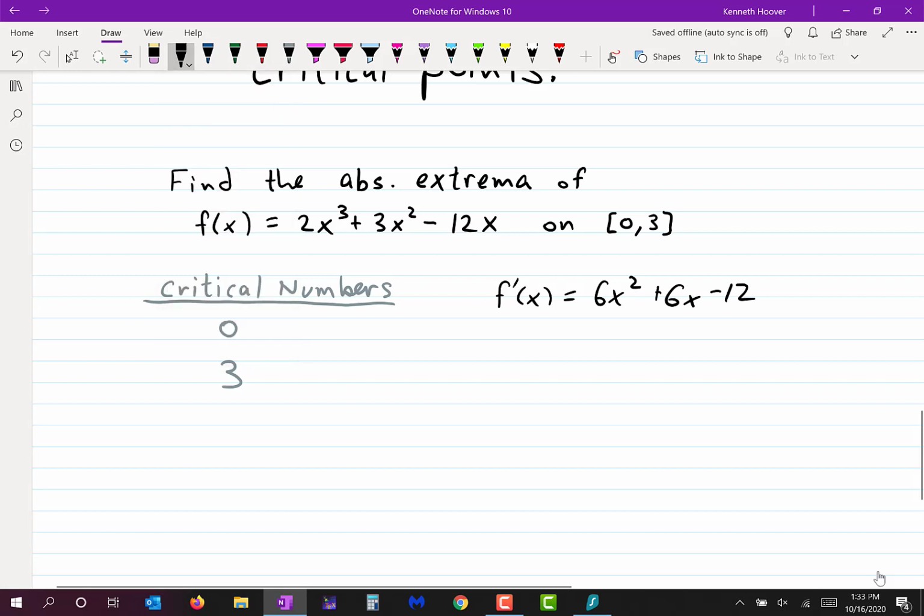Let's write 6x squared plus 6x minus 12 equals 0. Okay, we can divide everything by 6. That'll make it a little easier. And now I notice that I can factor the left-hand side.